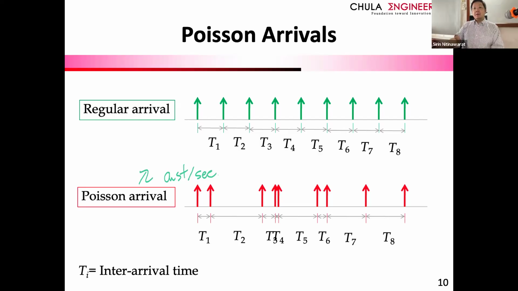Then what should be the average number of customers in 10 seconds? It is 10 lambda, right? So that means on average there are 10 lambda t's, T1 to T10 lambda.